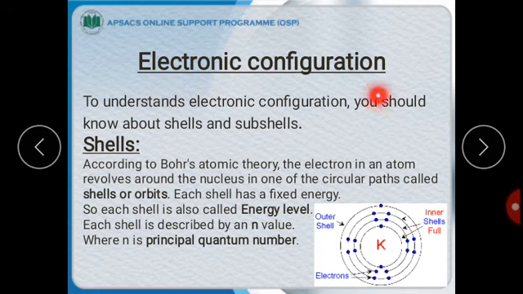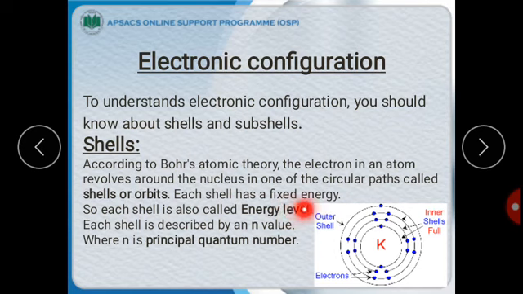Electronic configuration. To understand electronic configuration, you should know about shells and subshells. So what are shells? According to Bohr's atomic theory, the electrons in an atom revolve around the nucleus in circular paths called shells or orbits.